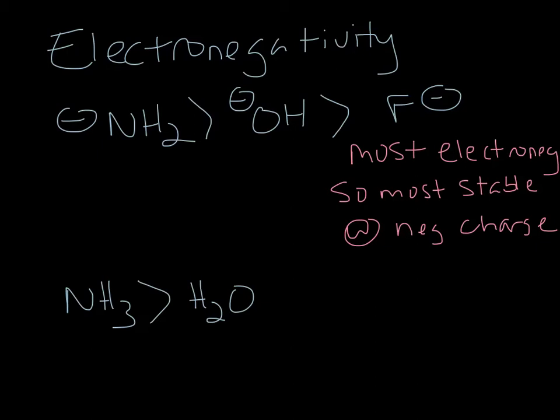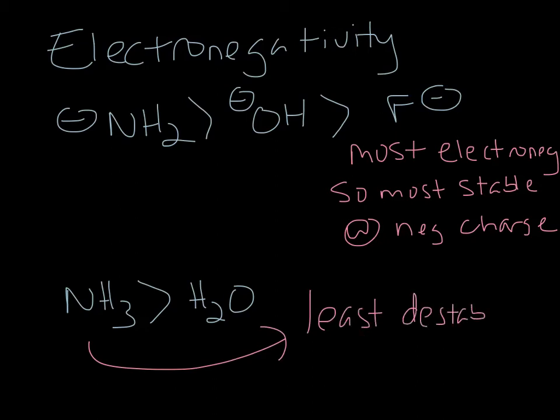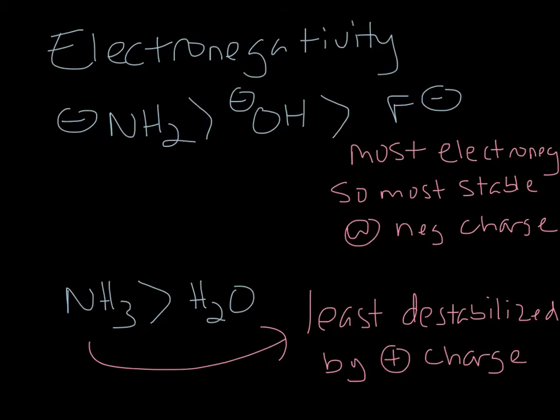So I'm going to say here, least destabilized by positive charge that it would gain in acting as a nucleophile. So either the ammonia or the water would give its electrons in order to make another bond, and in doing that would become positively charged.